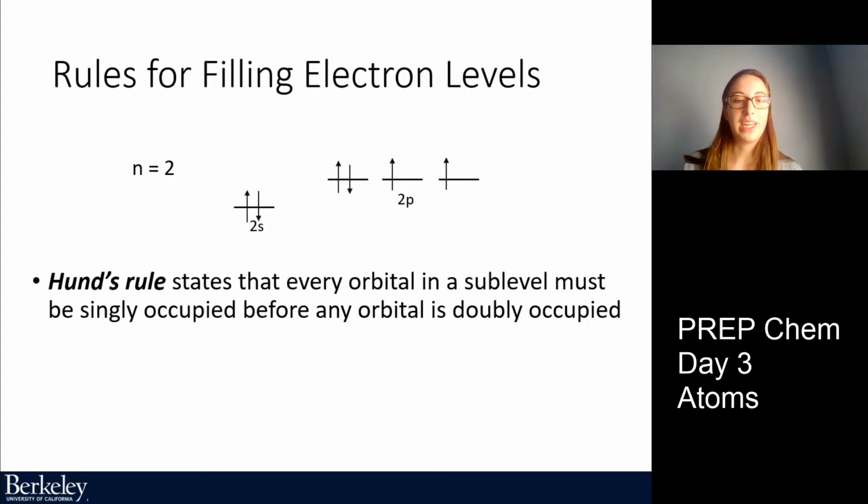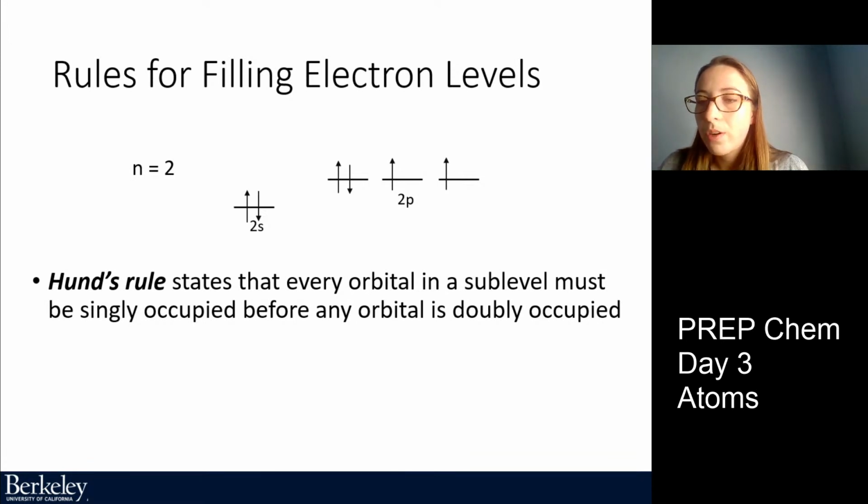And the second main takeaway is that we want to fill every electron orbital with one electron first before we add a second electron, just because, again, that is also defined as the lowest energy configuration. So these are all ways that we help lower the energy of the system to make it more stable.